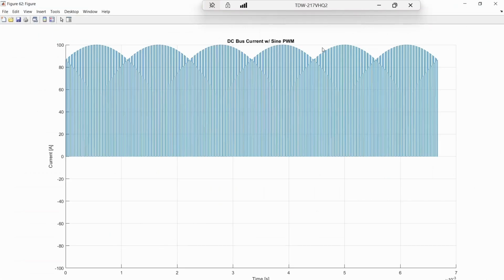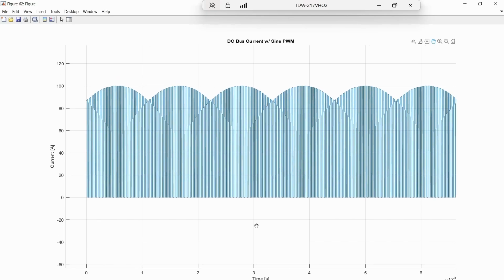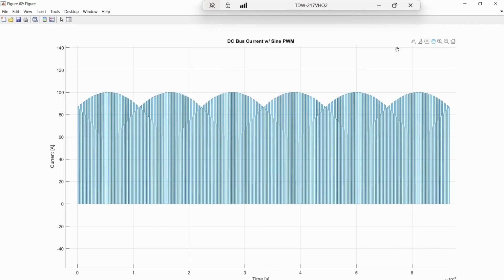And then you can see there's also the component of the switching frequency within this. And I have the bound set to the negative peak phase to positive peak phase because I will change the power factor, and we'll see how this current isn't always a positive sign.